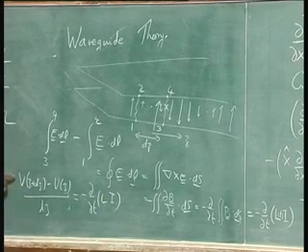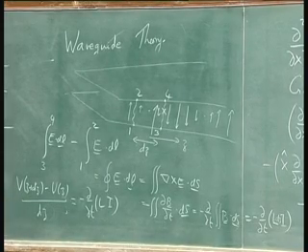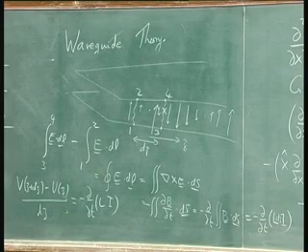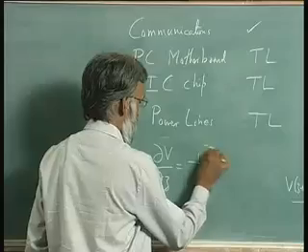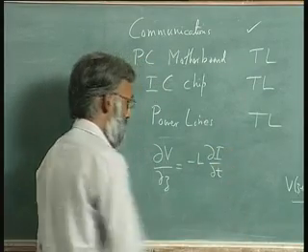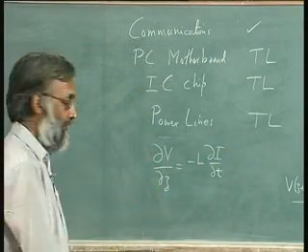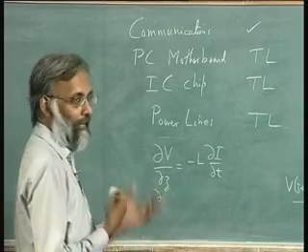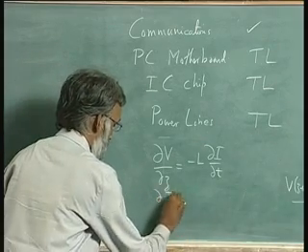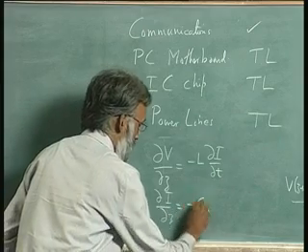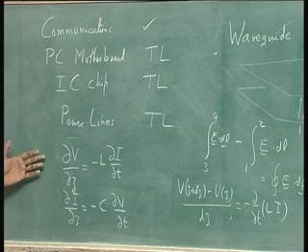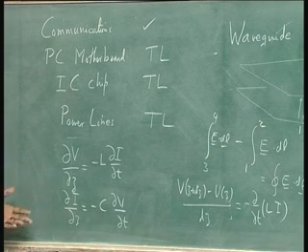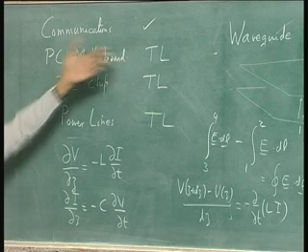This is nothing but the Z derivative of voltage, which gives us a circuit equation. The circuit equation is del V del Z is equal to minus L times del I del t. Similarly, you can get another equation. The other equation will use Ampere's law, and it will give you del I del Z is equal to minus C del V del t. And these two equations together will give you the transmission line equations.